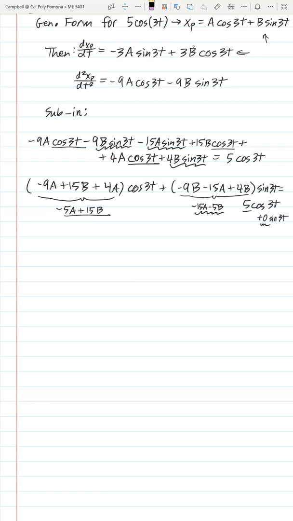So for me, I went ahead and started with my cosine coefficient. So I had that negative 5a plus 15b is equal to 5, coming from the cosines. So what I can do over here is divide through by 5.